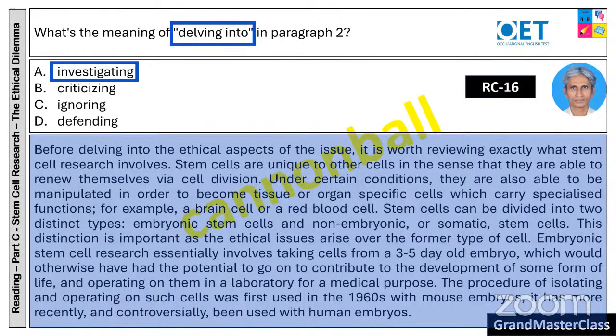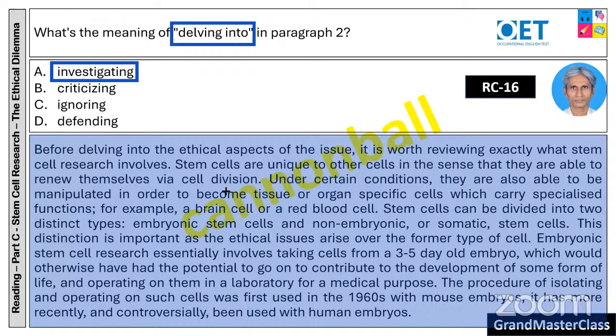So before going into, before entering into, before considering, before thinking, before probing, write all these synonyms. Yeah, Vinita or Vijay, write all these synonyms, and you can send them to me also.